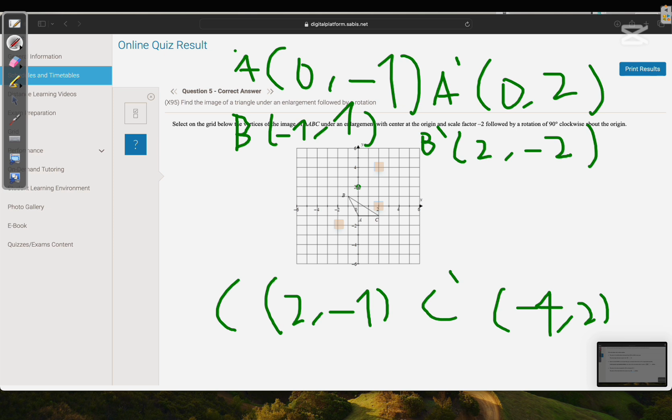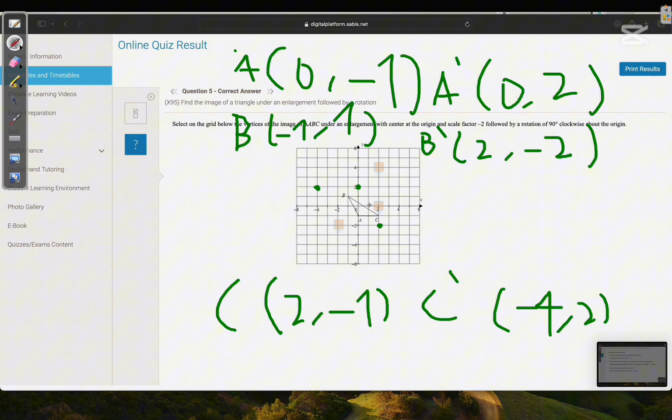Okay, 0, 2. And then B prime is 2, -2. Then C prime is -4, which is here, 2. Let me make sure I got the points right.